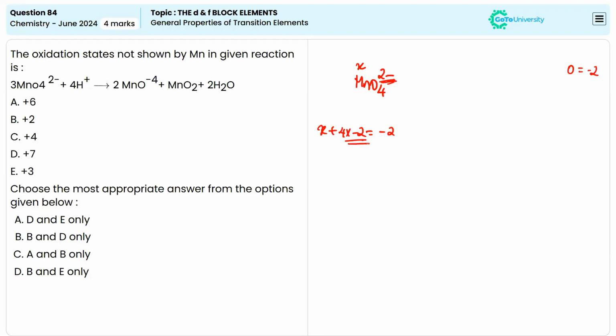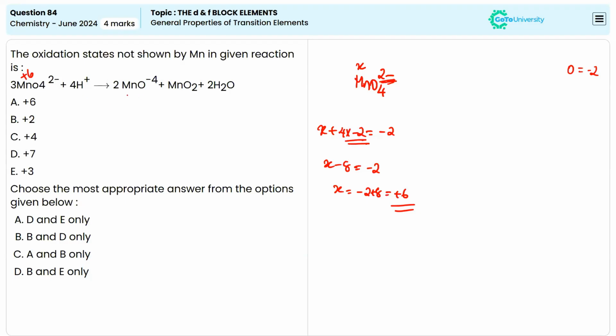So X minus 8 is equal to minus 2. Then X is minus 2 plus 8, that is plus 6. Here the oxidation state of manganese is plus 6.